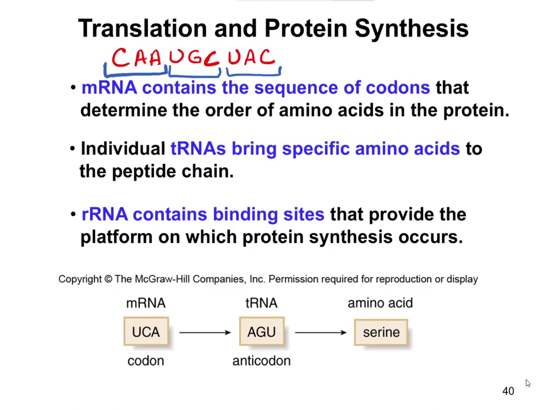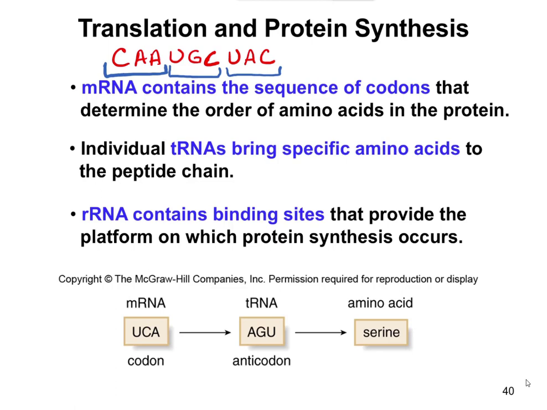The anticodon, which you can see down here, binds to the messenger RNA through complementary base pairing, and that's what brings in this new amino acid. All of this occurs on ribosomes, so this ribosomal RNA contains the binding sites where protein synthesis occurs.